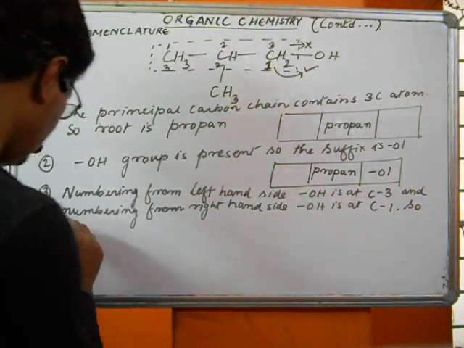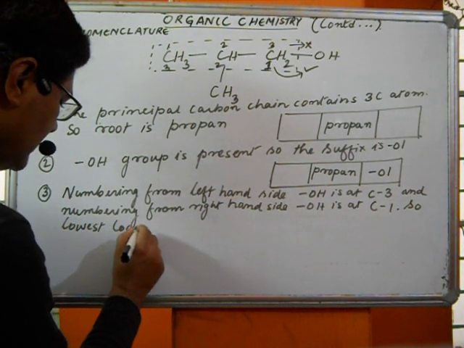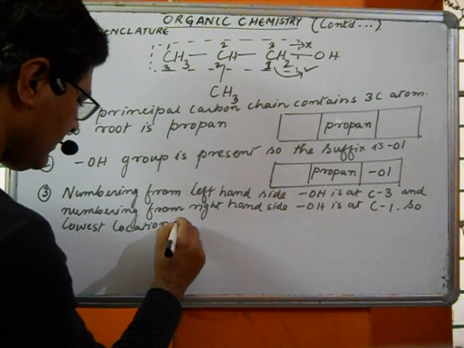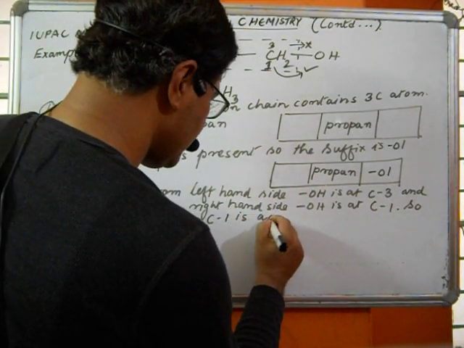So the lowest location number, C1, is accepted.